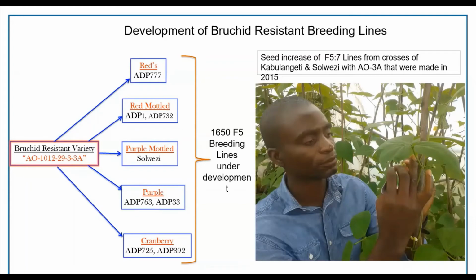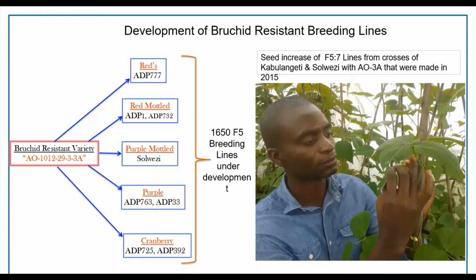They have the productivity, and most of these materials are coming also from the diversity panel, for which we have a better sense of the productivity of these materials. And under that, we developed more than 1,650 of these F5 materials that are currently growing in the field as I speak.